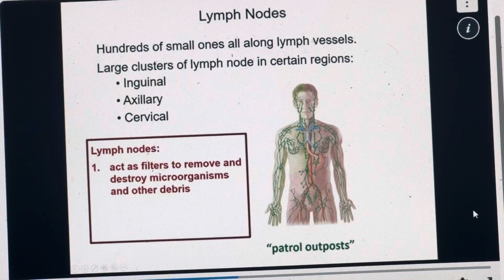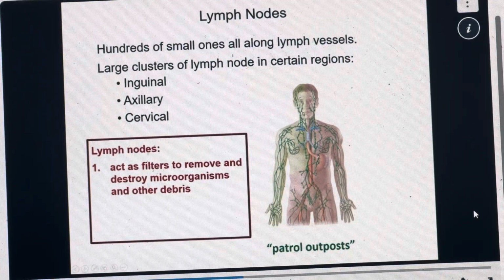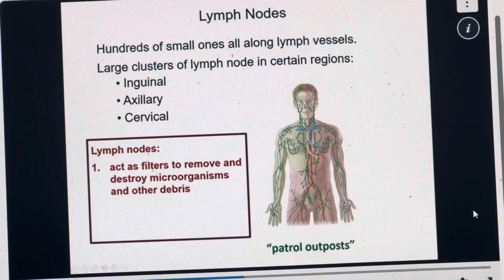Now, those lymph nodes are helping to filter the fluid that was collected from the tissues before it's put back into the closed circulatory system. And I tend to think of this in terms of, for example, water that's been running through the gutters, through the streets, picking up dirt and debris, and then goes down into the storm drains.